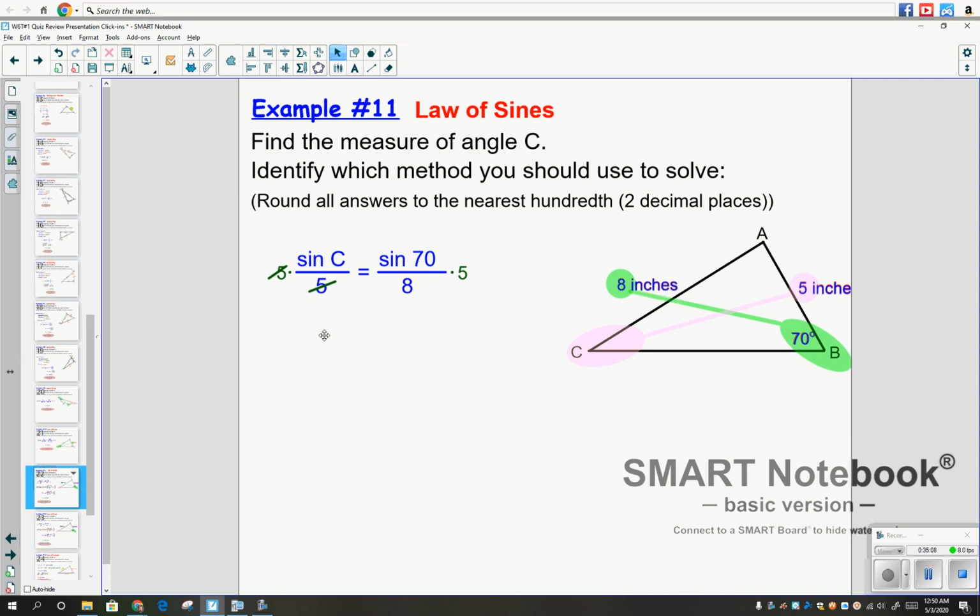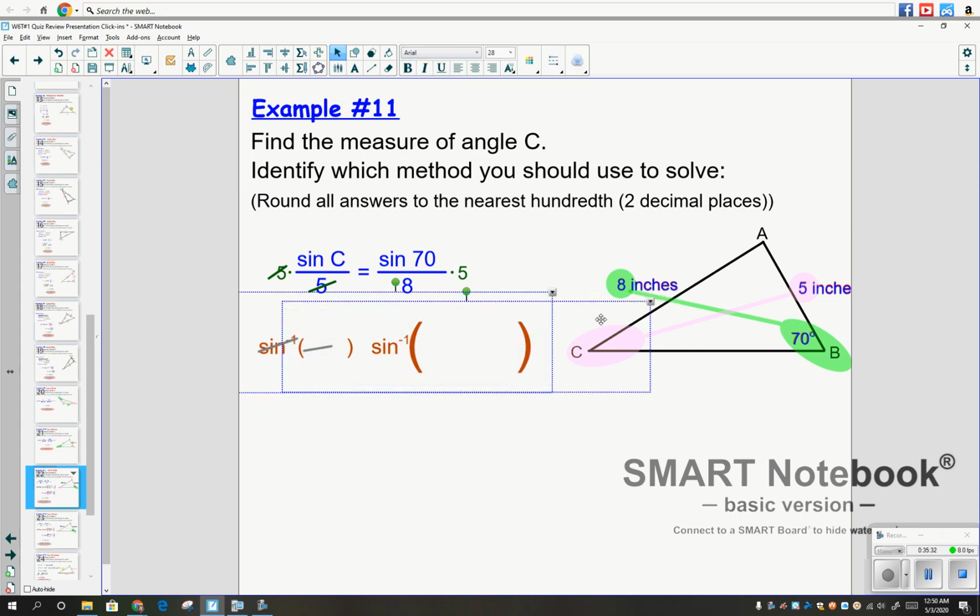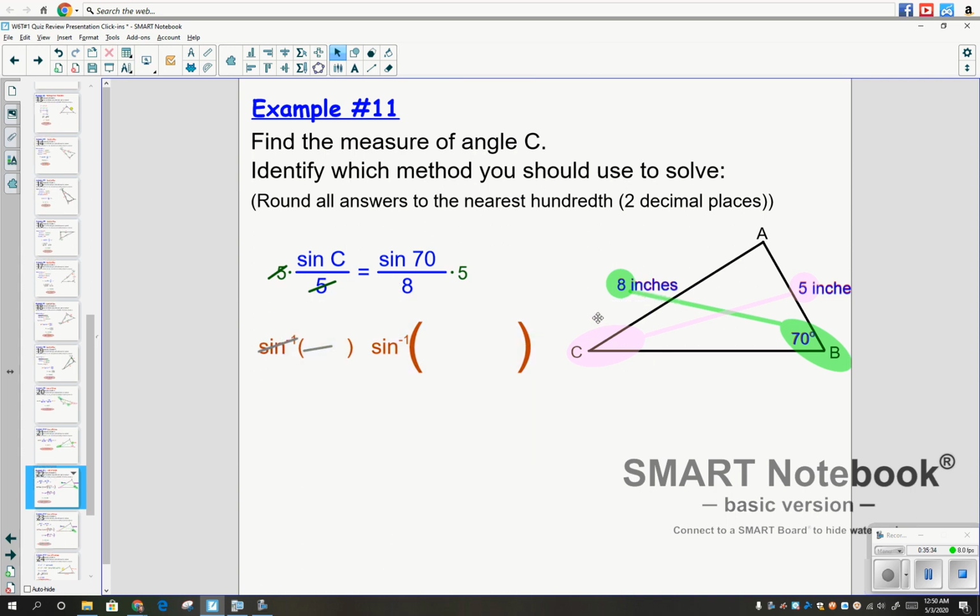And that gives me sine of C equals sine of 70 over 8 times 5.